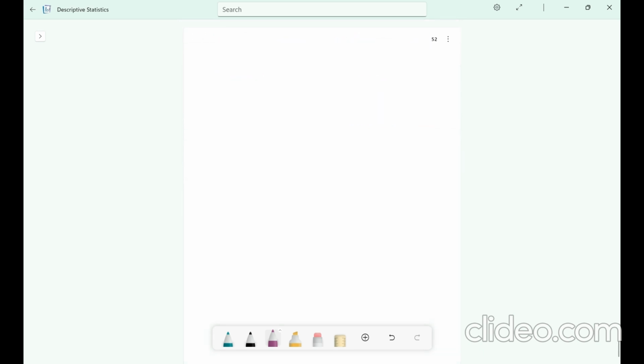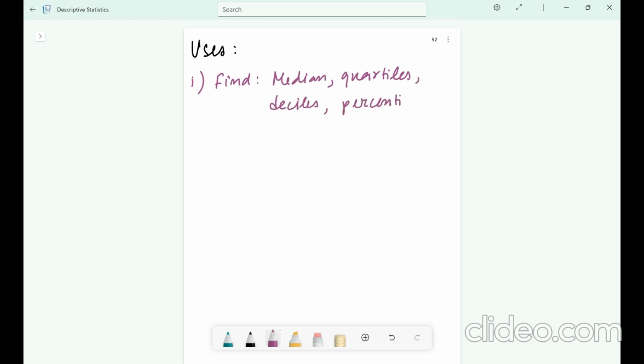Now coming to the uses of the ogive graph. First, it helps to find the median, quartiles, deciles, and percentiles. Number two, it shows the cumulative distribution clearly.